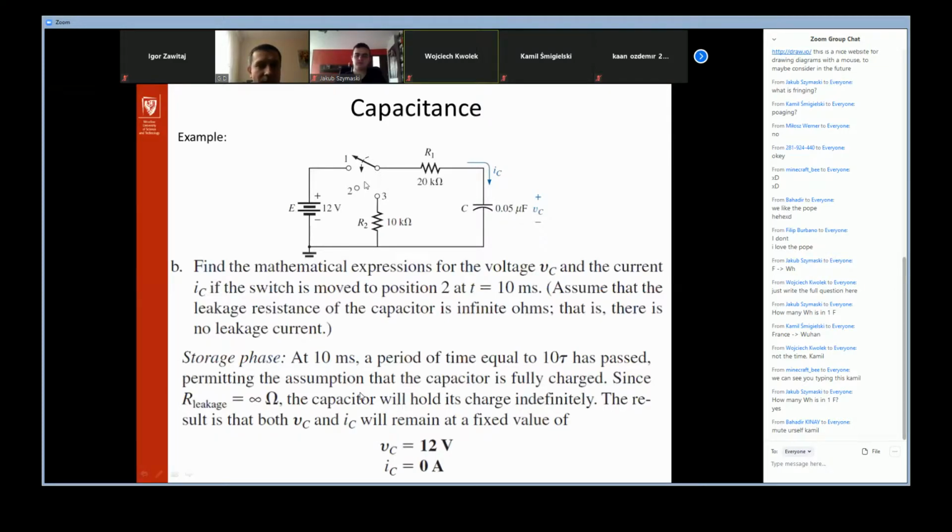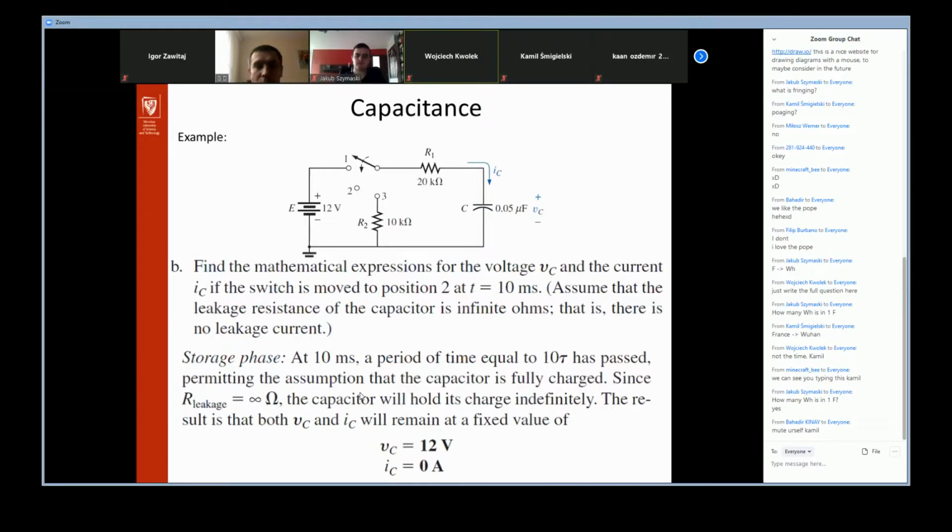As you see, the second one is the position where the capacitor and this resistor remain in an open circuit. What happens then? This 10 tau is higher than 5 tau. So we can say that when we turn the switch to the second position, we've got the steady state.